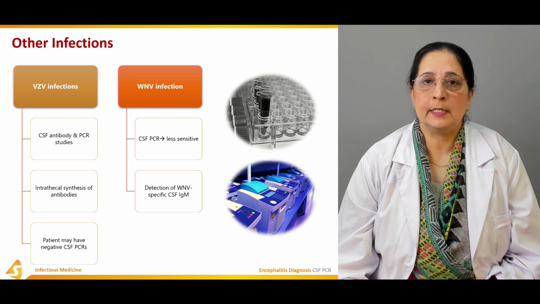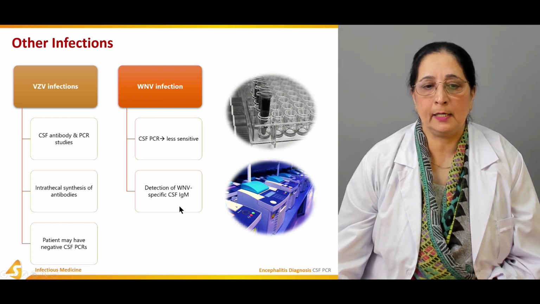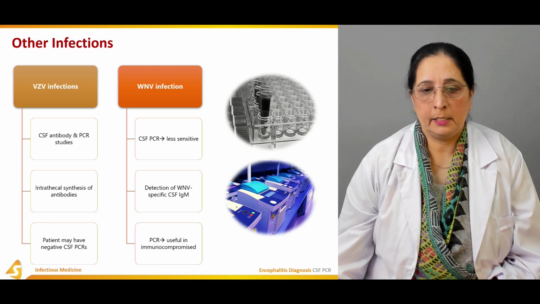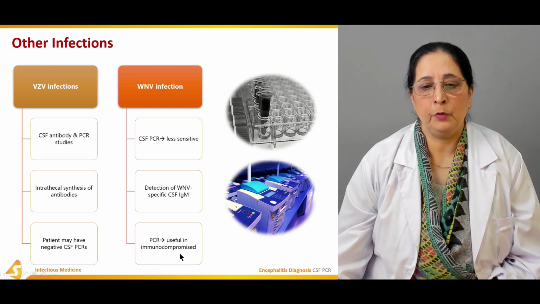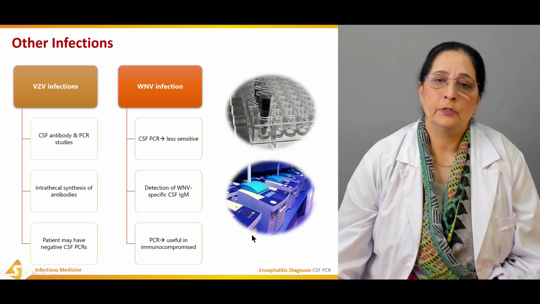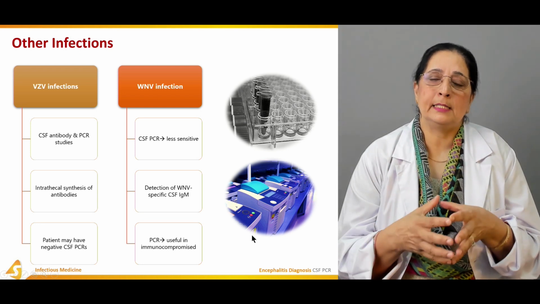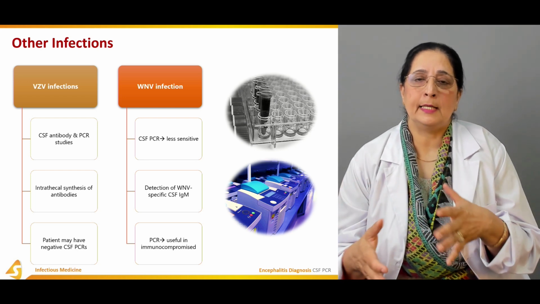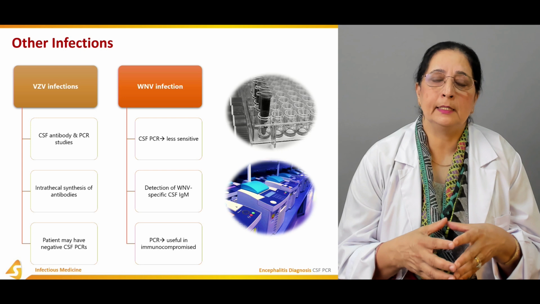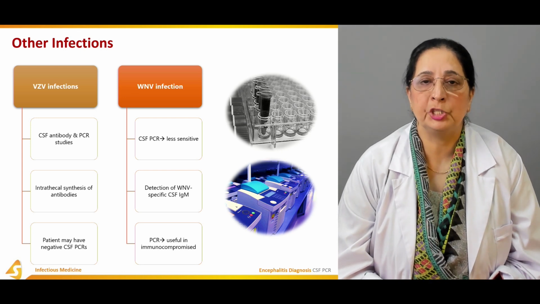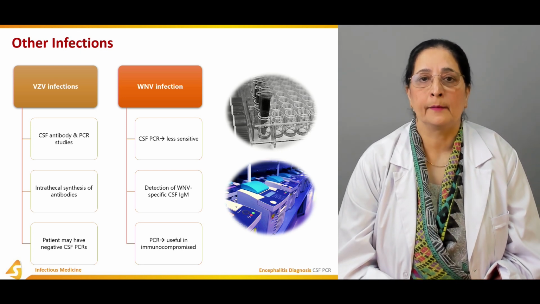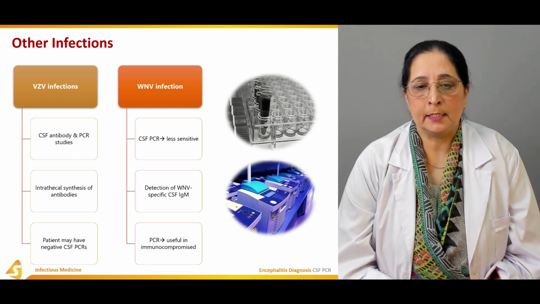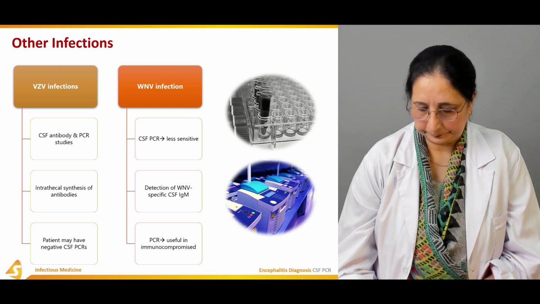Detection of West Nile virus specific CSF IgM is useful in immunocompromised patients. So different viral encephalitides have different levels of sensitivity and specificity as far as polymerase chain reaction is concerned, and it detects the presence of antibodies against the virus.